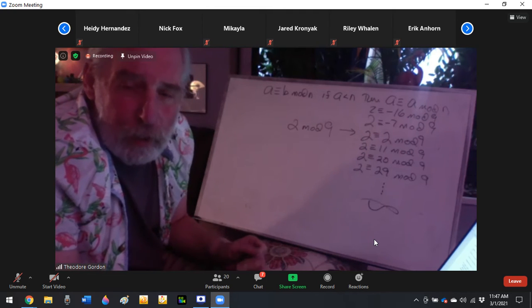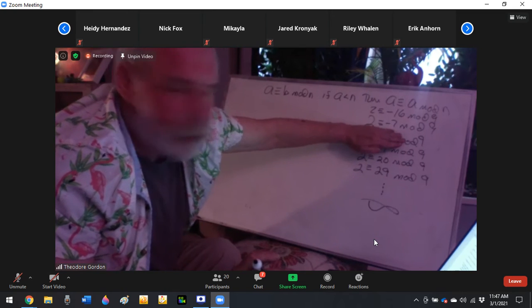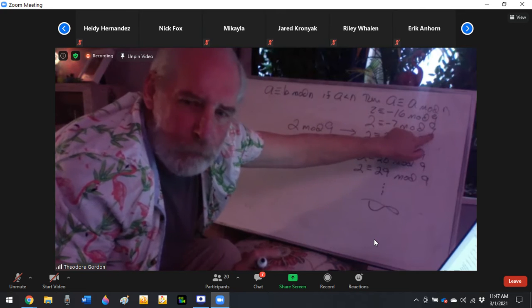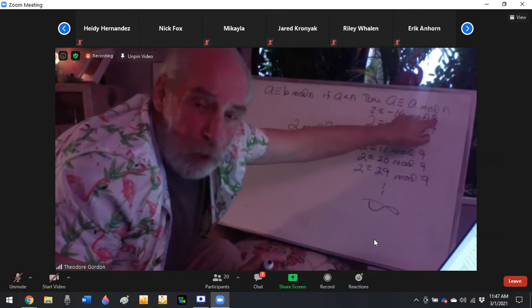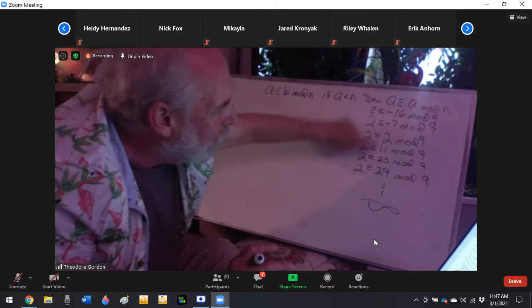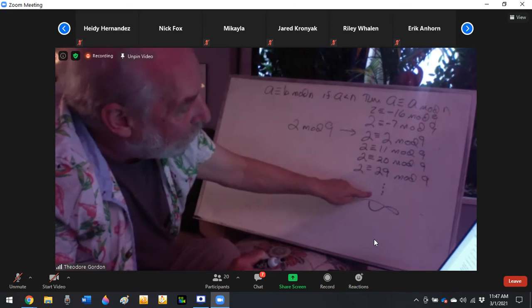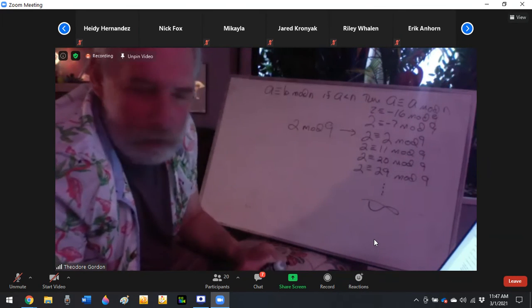Now, here's something to notice with the negative numbers. If you ignore the negative signs, 2 plus 7 is 9. 2 plus 16 is 18, which is a multiple of 9. So here's another example of where those negative signs come in. This list would be infinitely long in both directions.